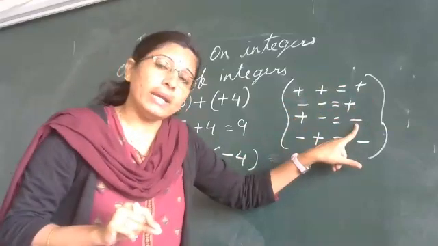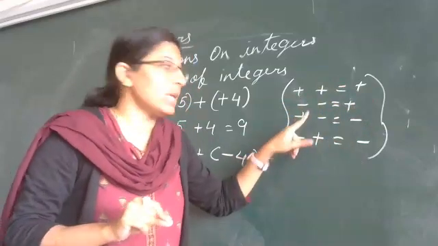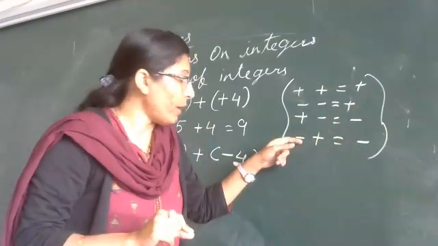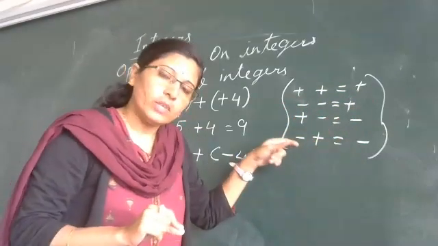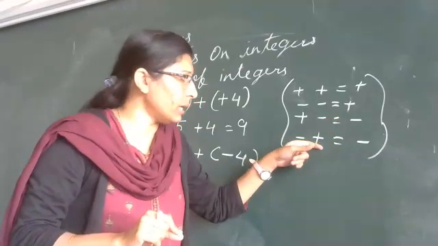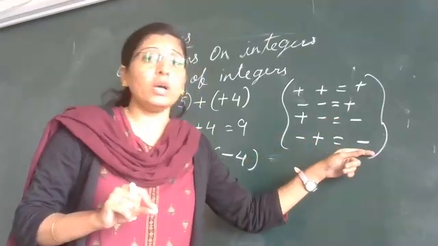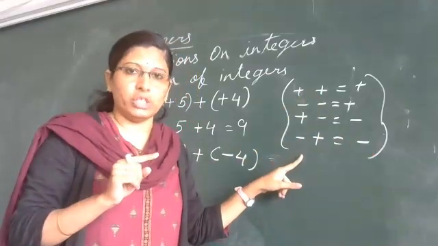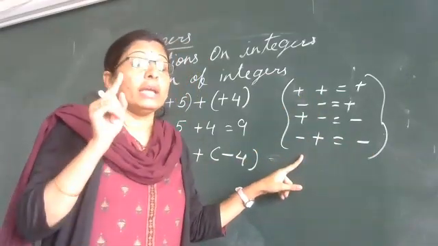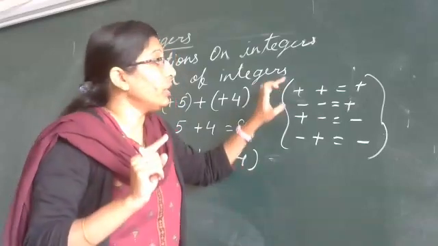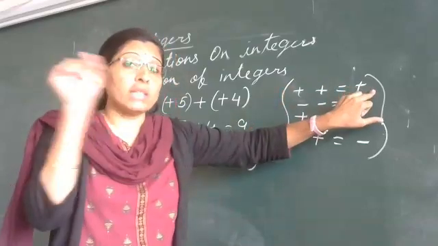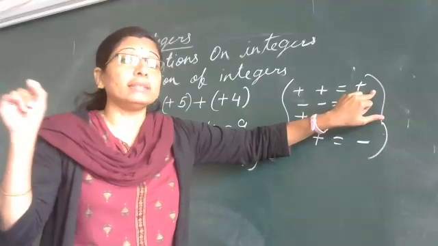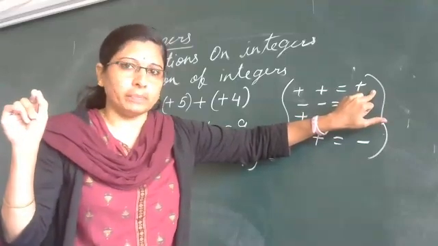Plus minus, minus plus: when one number is plus and the other number is minus, you have to do subtraction. These four things you have to remember in integers. Now in addition, how to put the sign in the answer, in the sum?